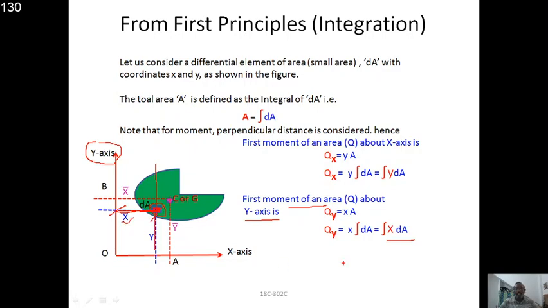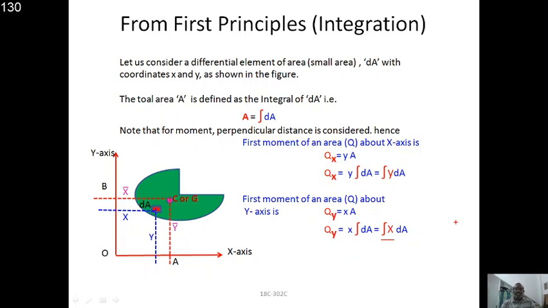That is x only, hence x dA. And this x is going to be x1, x2, x3, x4, x5, like that, x7, x8, x9. So I need to integrate all those values, hence summation, hence integration.